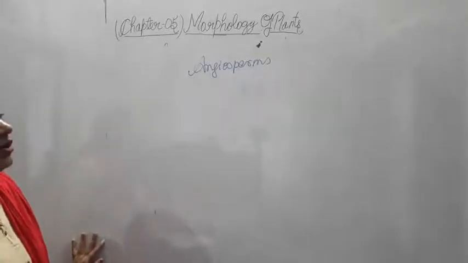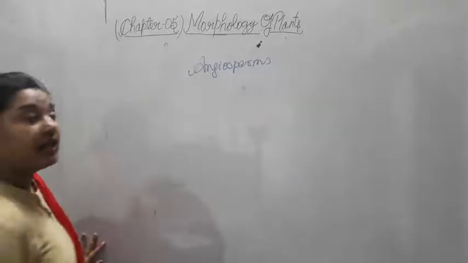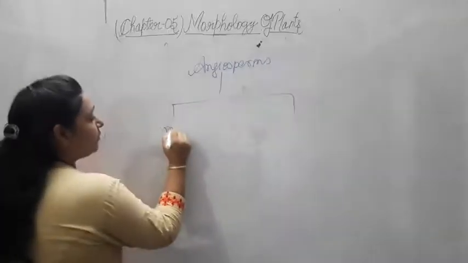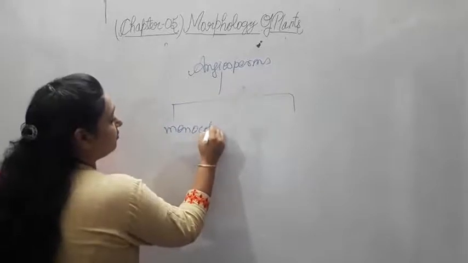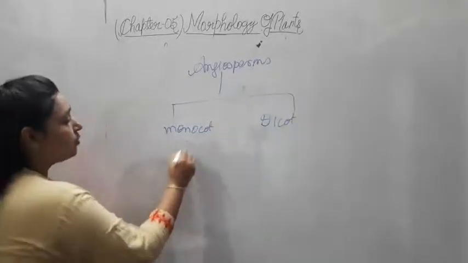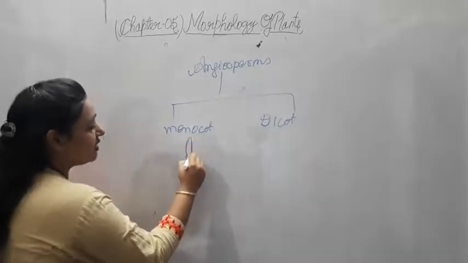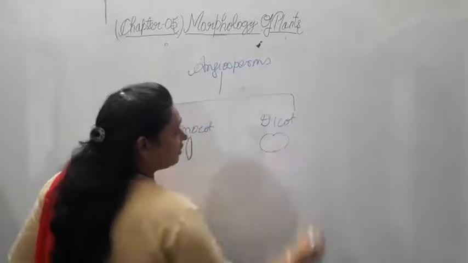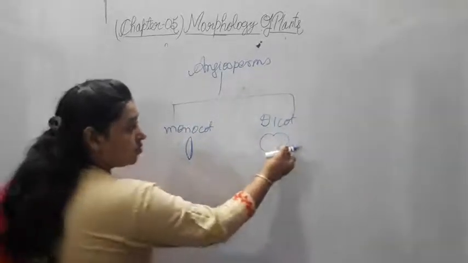On the basis of the seeds, these angiosperms have been divided into two parts: monocot, which is monocotyledon, and dicot, which is dicotyledon, right? Monocot means a single cotyledon is there, whereas dicots have two different cotyledons, 1 and 2.